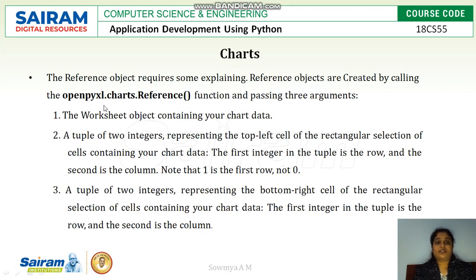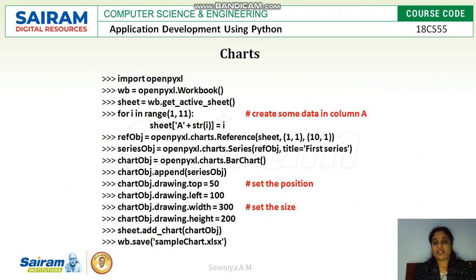Next, for creating charts, we have to import openpyxl, and the method for creating a chart is openpyxl.chart.Reference. So here is the code to create the chart. First we are creating an object for the Excel workbook and an object for the sheet which we are using now, and for i in the range of 1 to 11 we are creating some demo data in the column so that it will have some data to access.